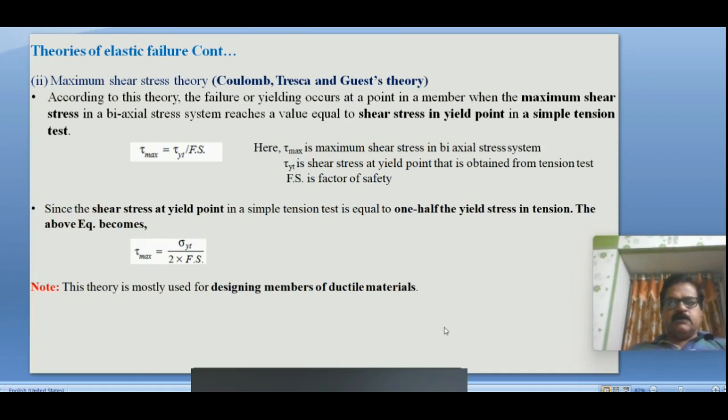That means the maximum shear stress obtained from a member subjected to a biaxial state of stress equals the shear stress at yield point in a simple tension test. In other words, we write tau max is equal to tau yield point stress by factor of safety.